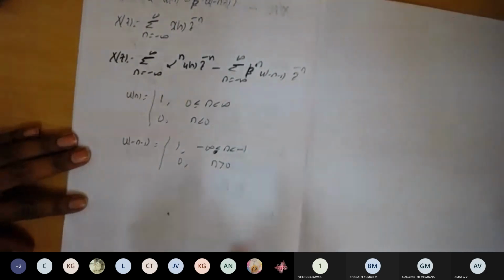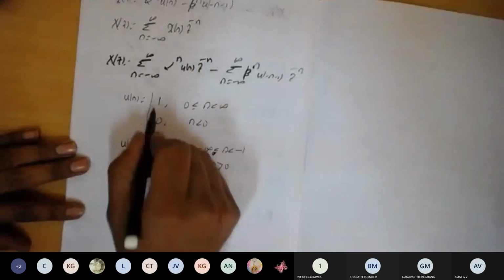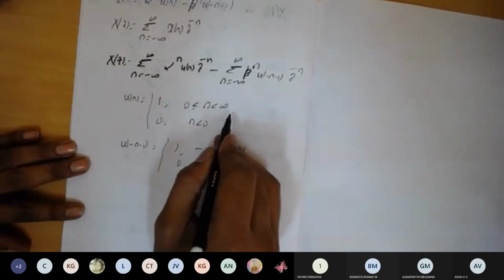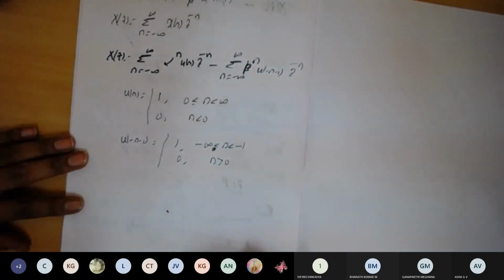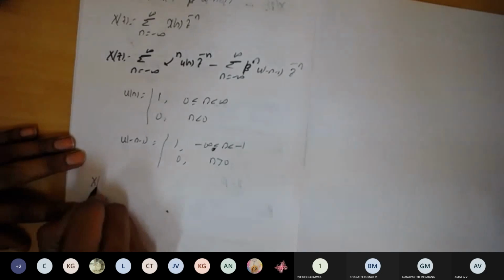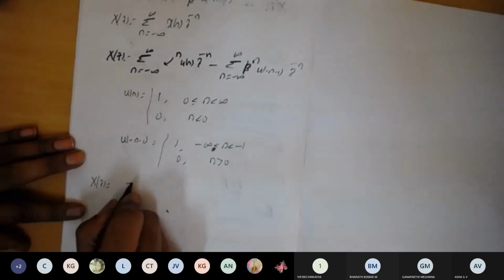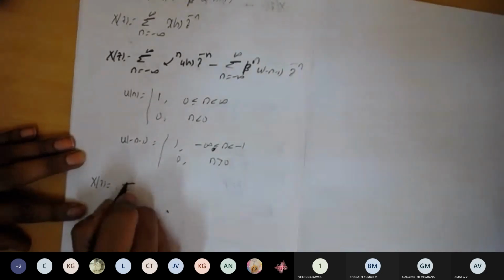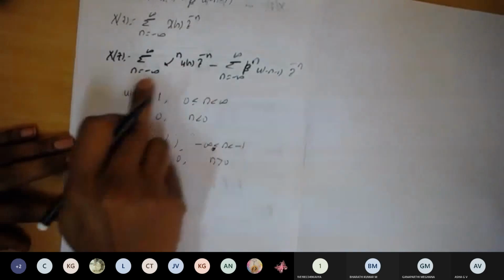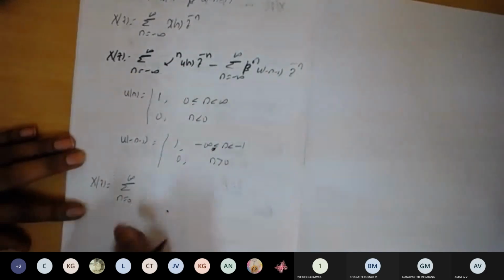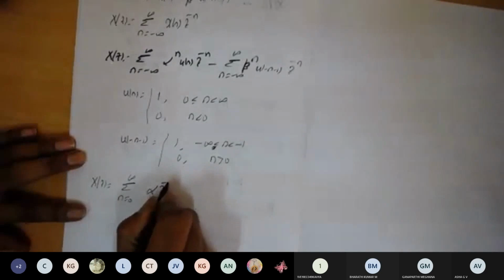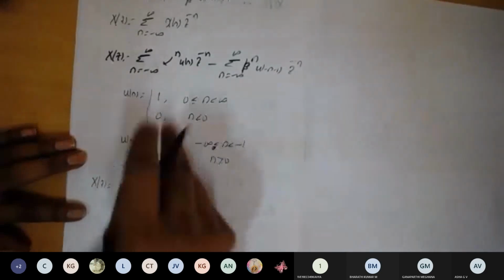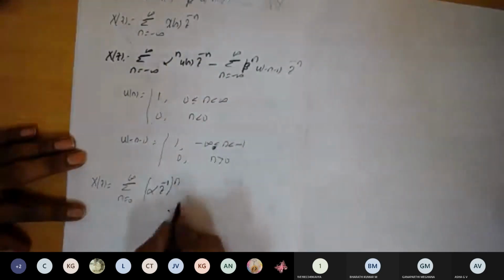So what we can do is, in place of u of n and u of minus n minus 1, we can substitute by changing the limits of the summation in the first and the second summation, and we'll find the answer. So X of z is equal to summation n is equal to 0 to infinity, in place of n I change the limits to 0 to infinity, alpha into z to the power of minus 1, all to the power of n. I'll take n common here, instead of writing in 2 steps, I'll do it in a single step.